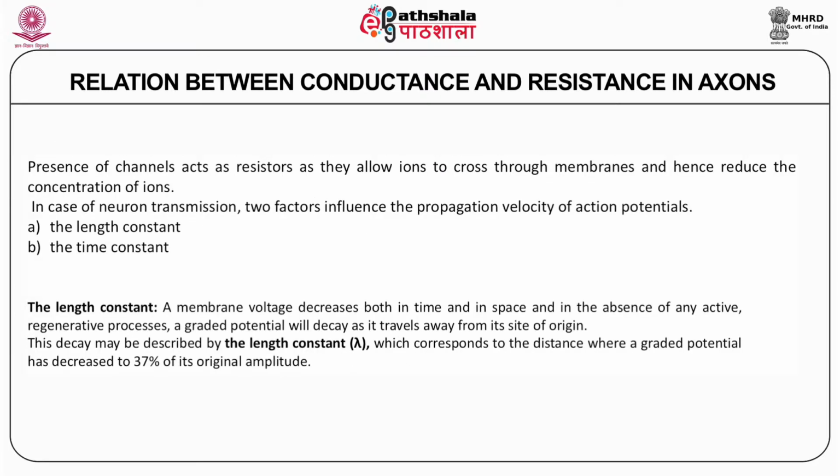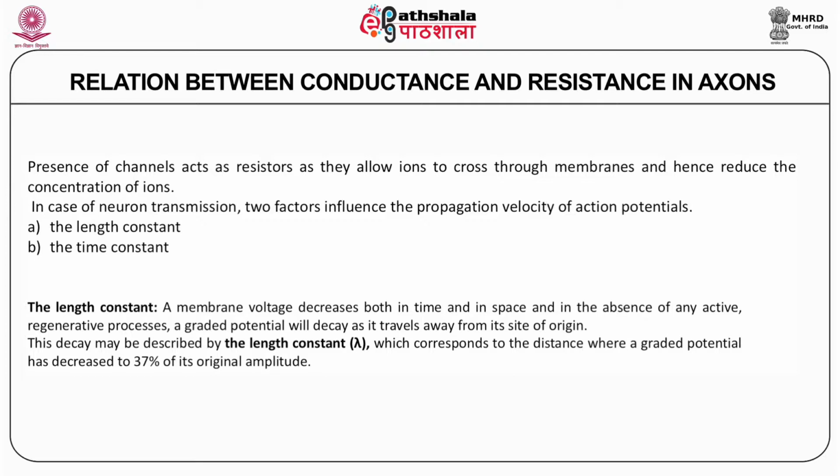The presence of channels acts as resistors, as they allow ions to cross through membranes and hence reduce the concentration of ions also. In the case of neuron transmission, two other factors also influence the propagation velocity of the action potential.